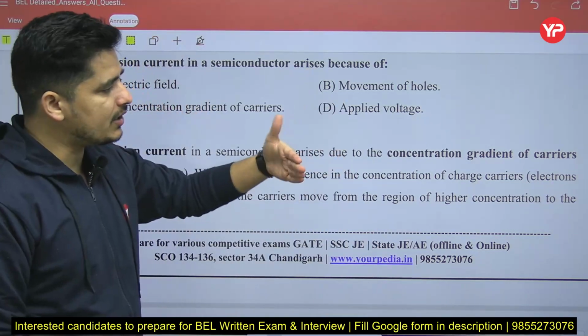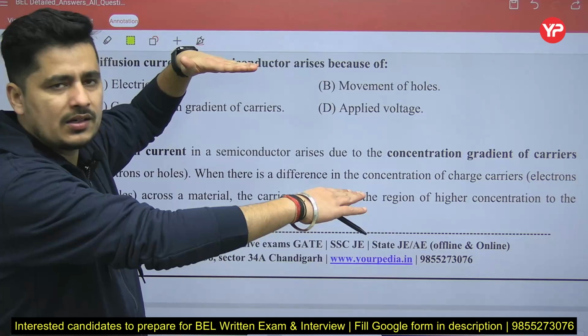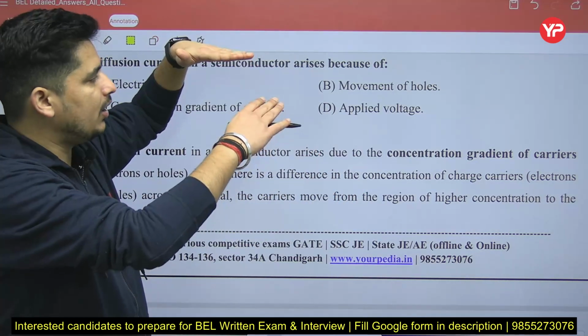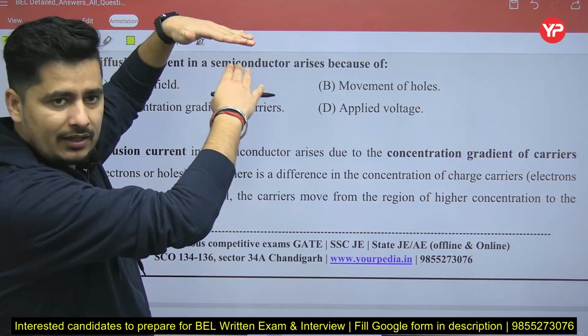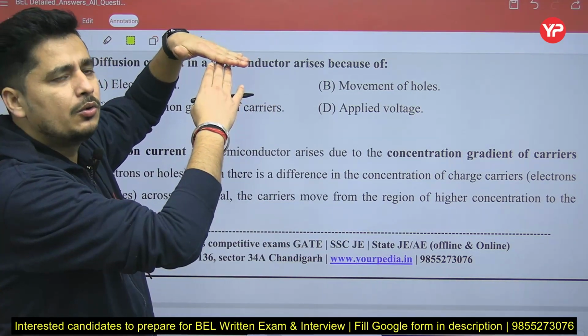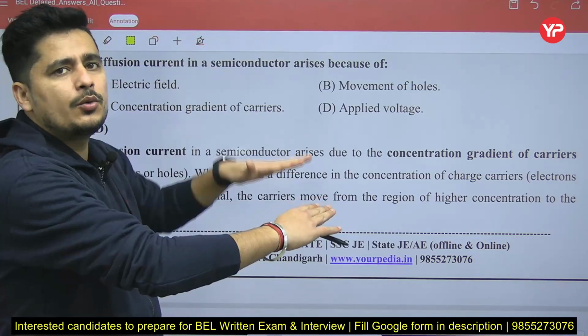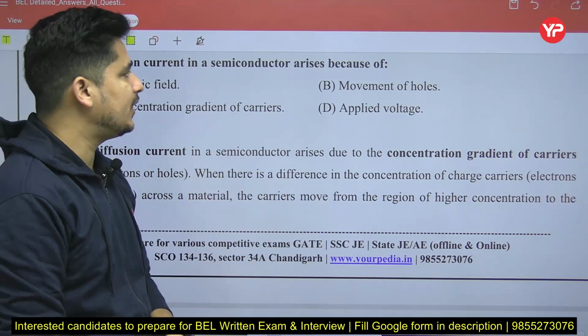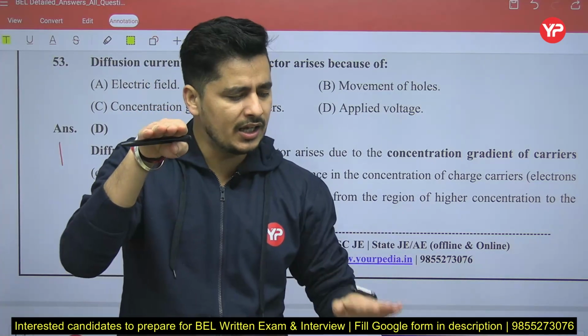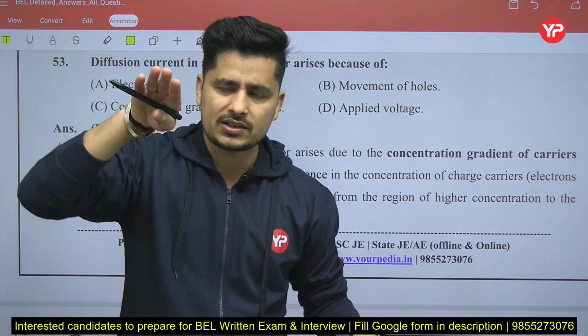If you have a higher concentration at one place and a lower concentration at another place, let us take an example of liquid. If you have a higher level on one side and a lower level on the other side, what will the liquid do? Liquid will flow from the higher to the lower side. The same thing will happen here. Inside the semiconductor, if you have a higher concentration on one side and a lower concentration on the other side, what happens?